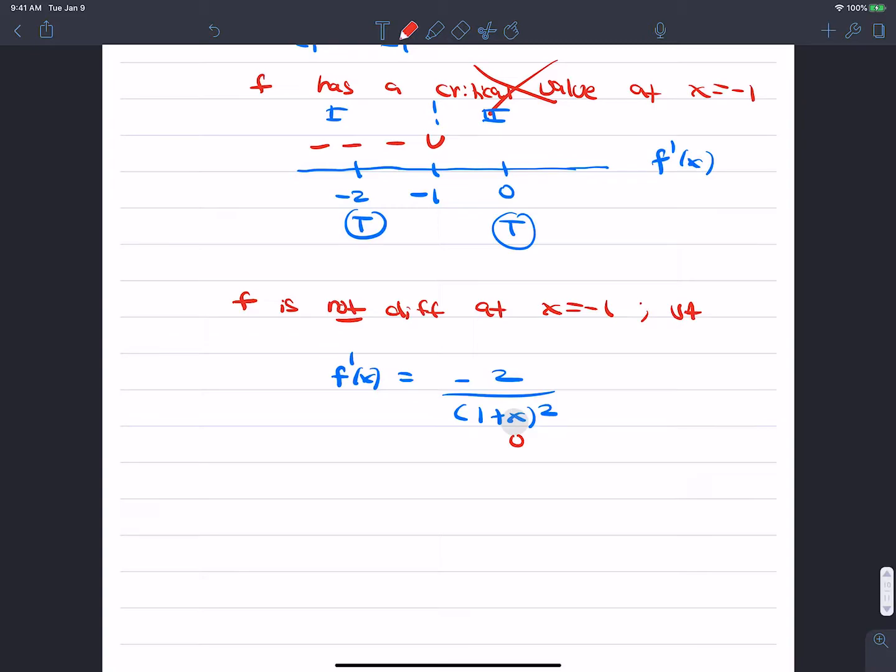You get the same thing, right? You get -2 over (0 plus 1) squared. I don't care about the answer, I just care about the sign. A negative over a positive is, again, going to be a negative. Okay, you guys okay with that? So region 2 is also negative.